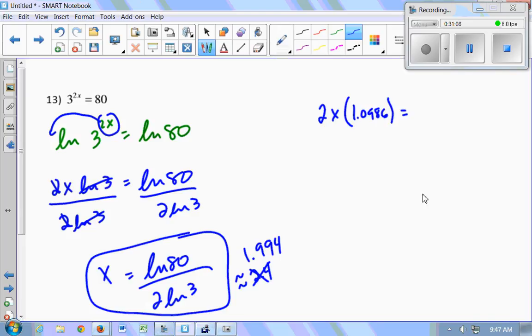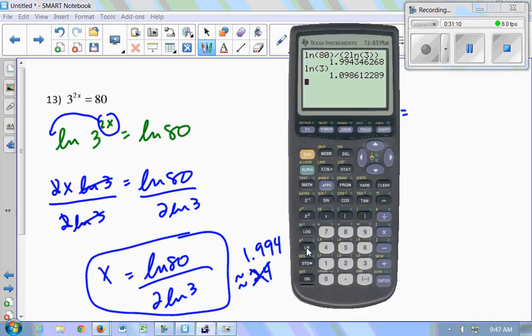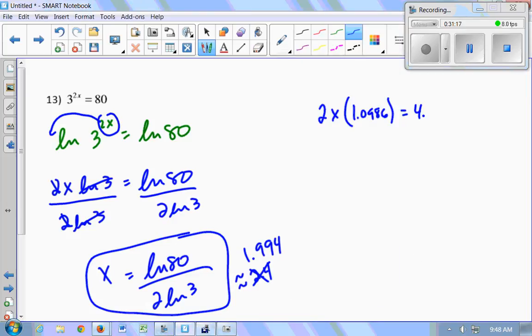And then you could put an approximate value for ln 80, 4.382, right? And then solve for x. But what you're going to get is this 1.994, which is an approximate value, right? And this is the answer that you'd be looking for on a test.